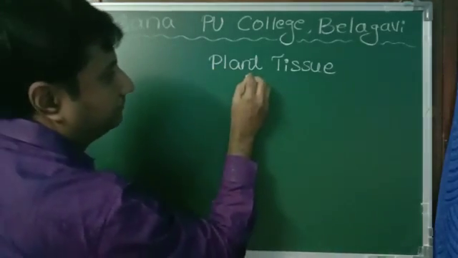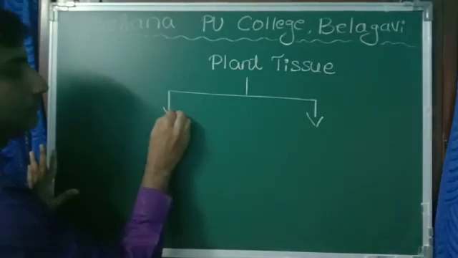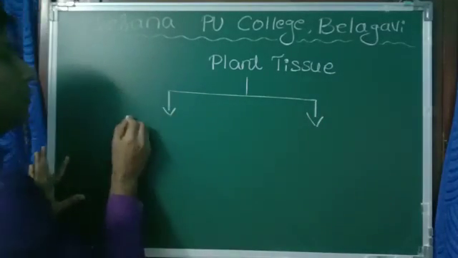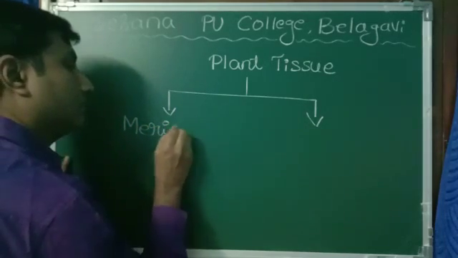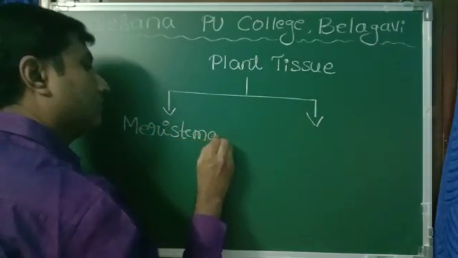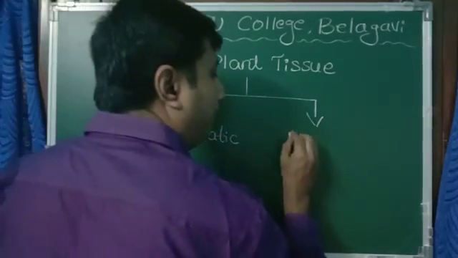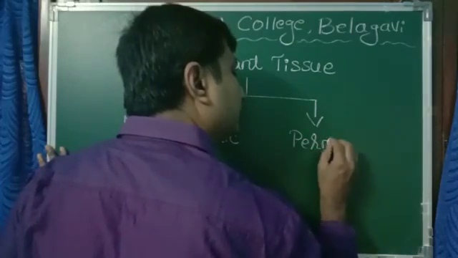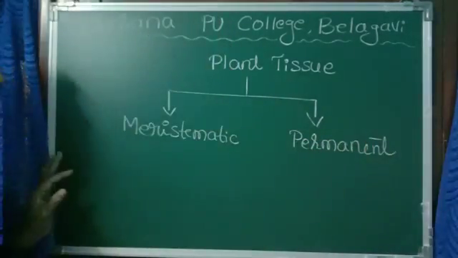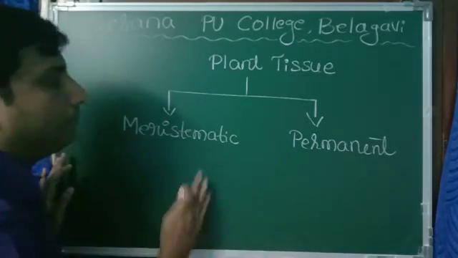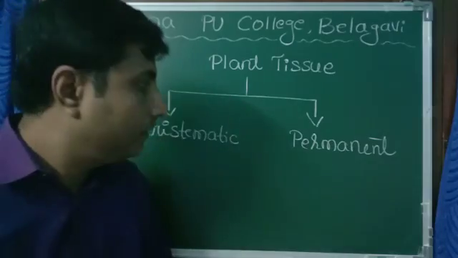They are meristematic tissue and permanent tissue. Meristematic tissue and permanent tissue, these are the two types of tissue found in plants.